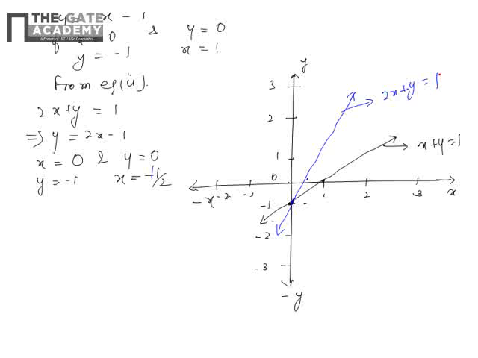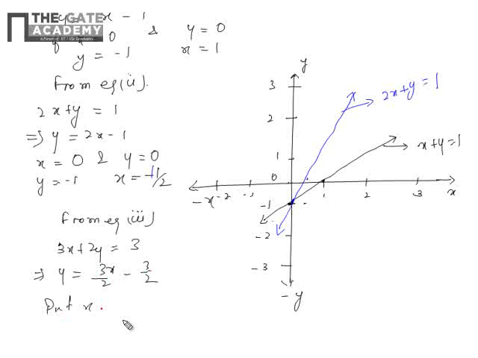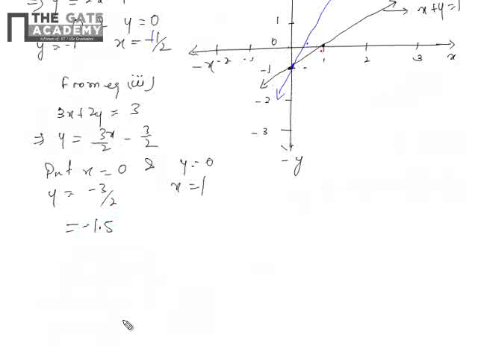Okay, now the third equation. From equation 3 we have 3x plus 2y equals 3, right? So I can write y equals 3x by 2 minus 3 by 2. Fine. If I put x equals 0, y will become minus 3 by 2, which is minus 1.5, and if I put y equals 0, x will be 1.